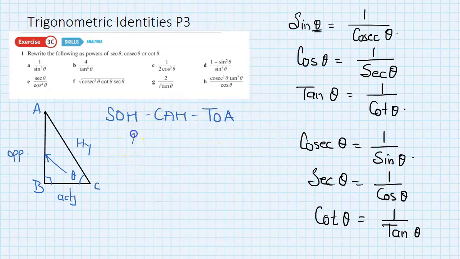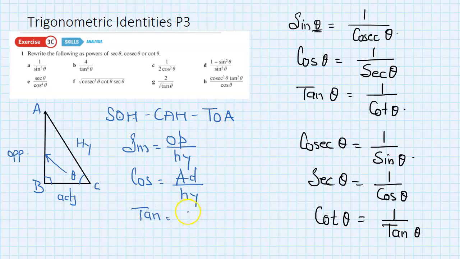It says sine is opposite over hypotenuse, cos is adjacent over hypotenuse, and tan is opposite over adjacent.